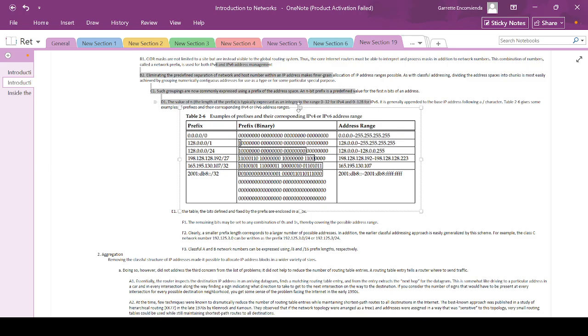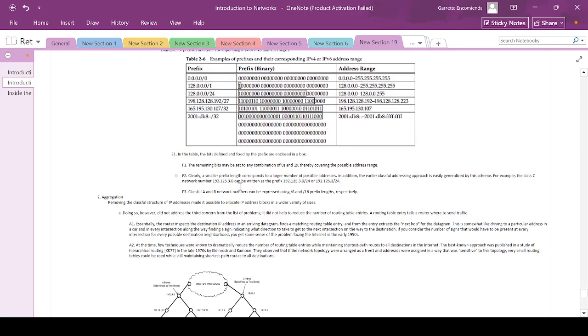Table 2.6 gives some examples of prefixes and their corresponding IPv4 or IPv6 address ranges. So here are slash 27, slash 32, slash 10, slash 32, etc.